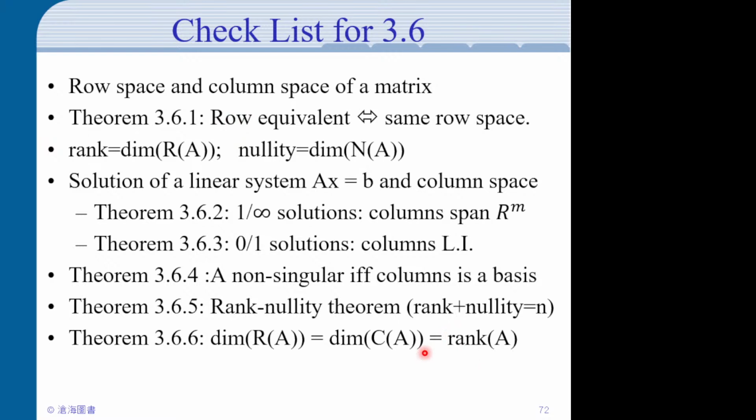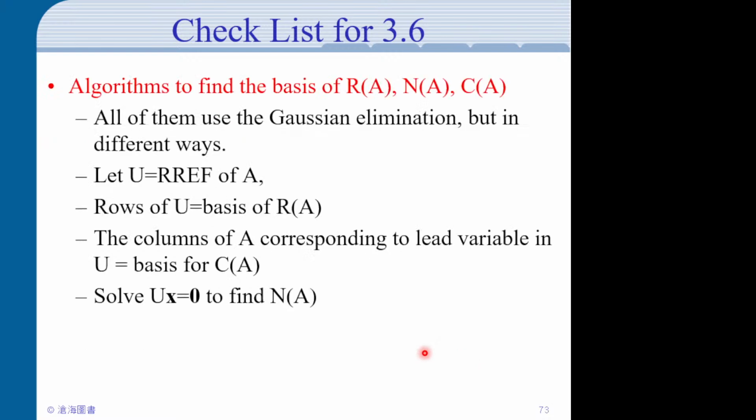Okay. And then we have one extra page for the checklist that we talked about. So we have an algorithm that finds the basis for the row space, the null space, and the column space.